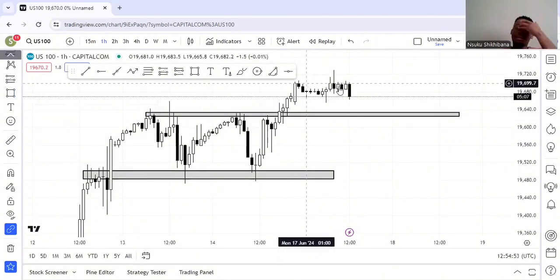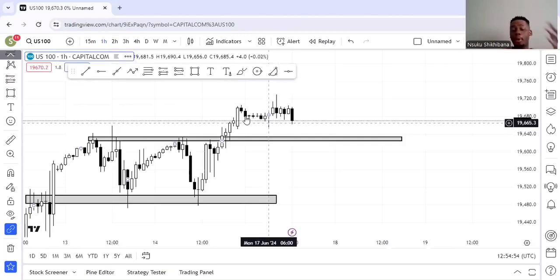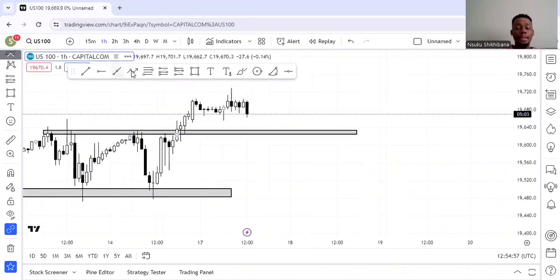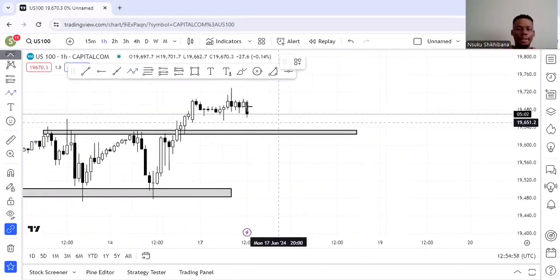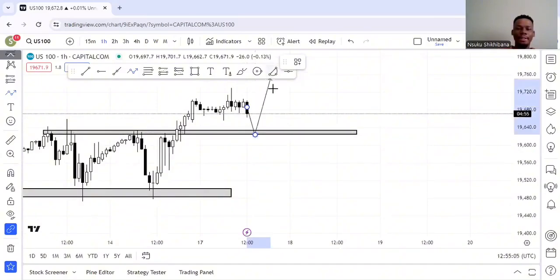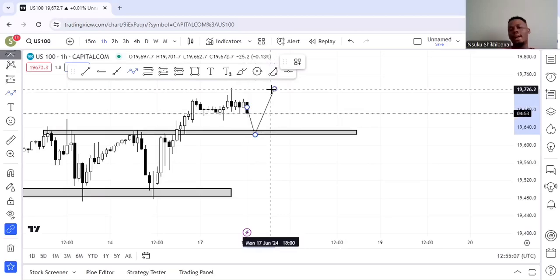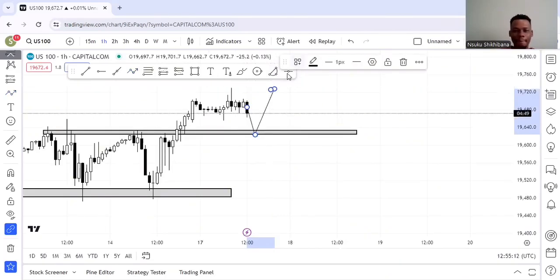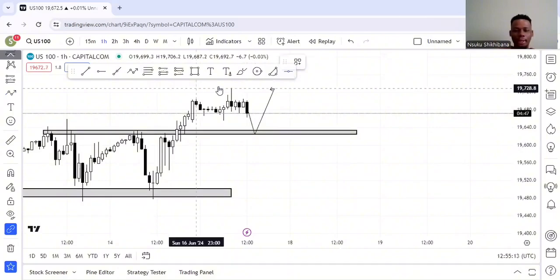So right now, since I'm looking for bullish movement, I am waiting for price to come back down to this range. And from this range, this is where I will take my buys to the upside, potentially up until this high, the previous higher high, which is this one here, right?